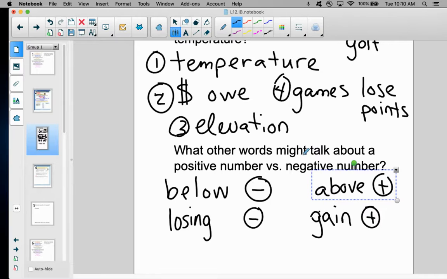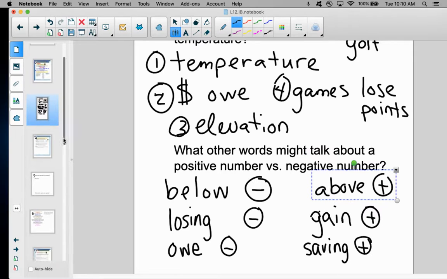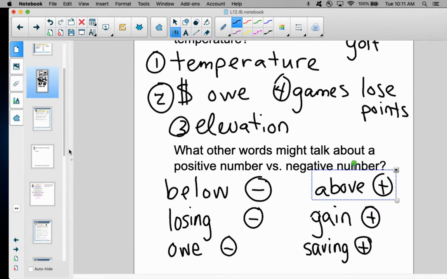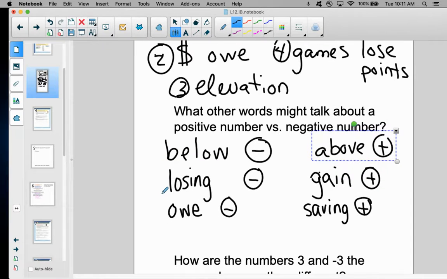For the money situation, owing money is that negative keyword versus saving, which would be the opposite. Also, if you're spending money, you're losing money. So losing money, spending money, losing points, gaining.